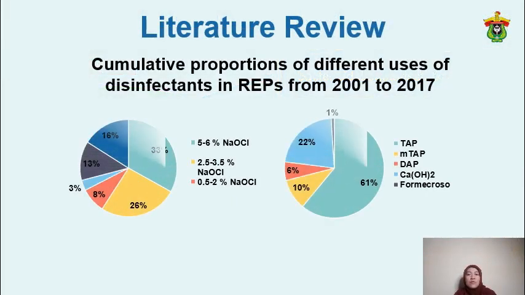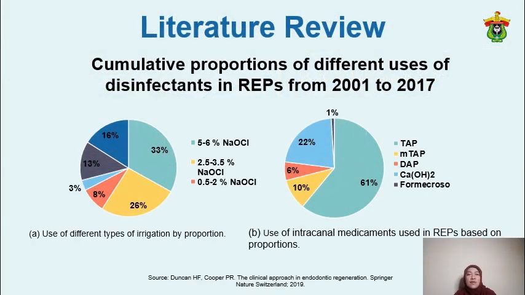Cumulative proportions of different uses of disinfectants in regenerative endodontic procedures from 2001 to 2017. Based on diagrams A and B, we can see that 5 to 6% sodium hypochlorite and triple antibiotic paste were the most frequently used irrigation solutions and intracanal medicaments.